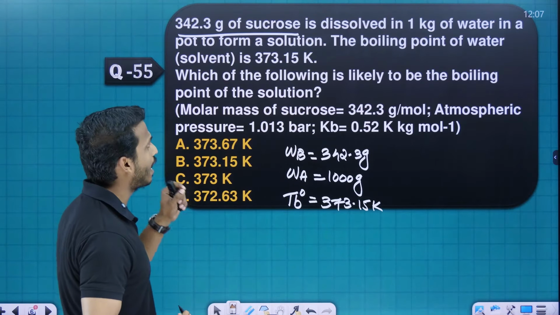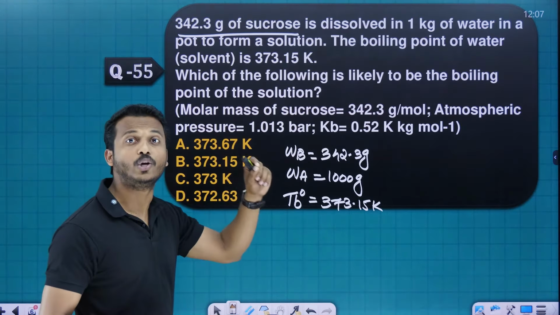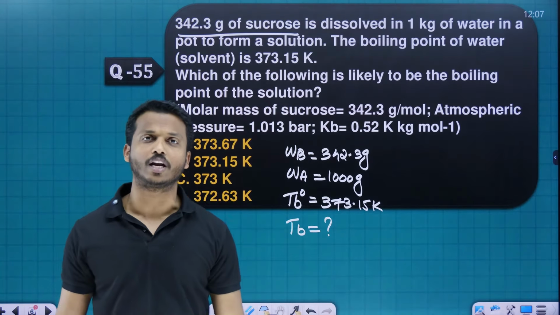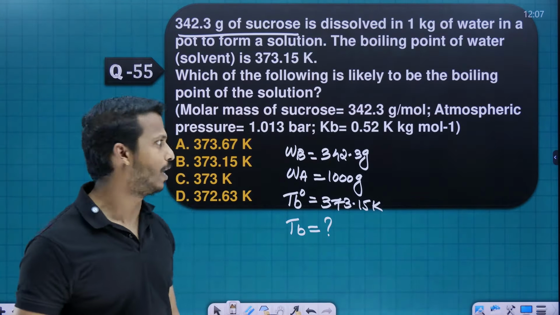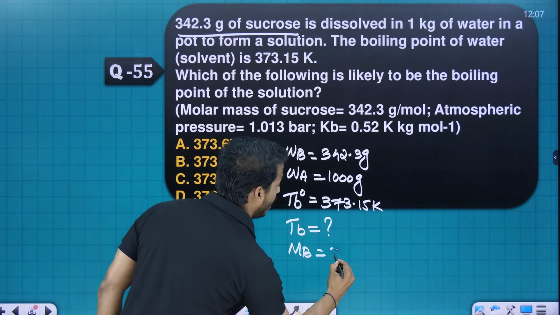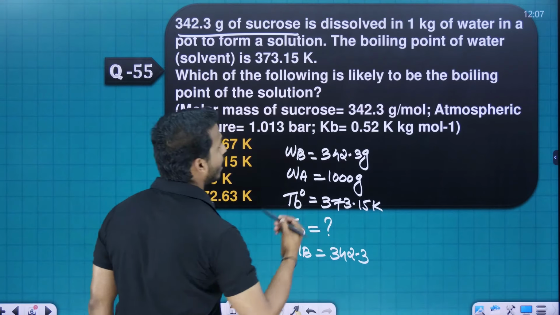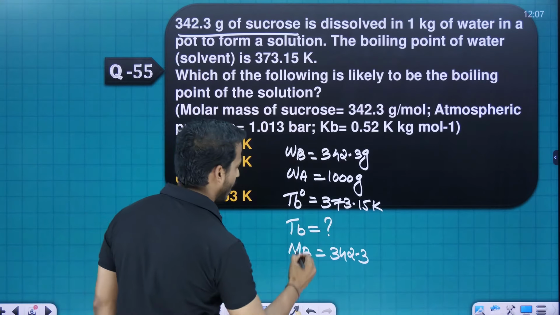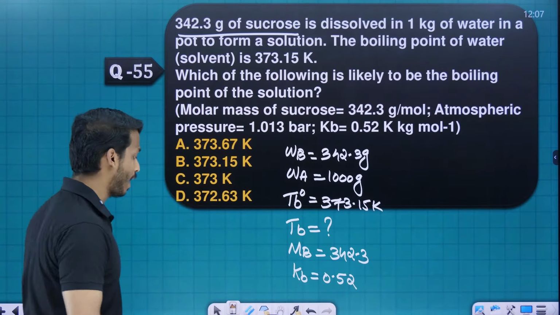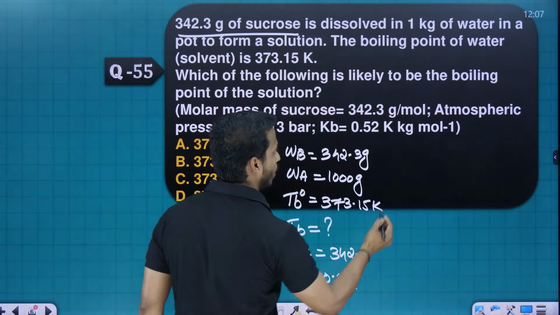Which of the following is likely to be the boiling point of the solution? So we need to calculate TB. This is related to which colligative property? Elevation of boiling point. The molar mass of sucrose, MB, is given as 342.3 gram per mole. KB, the ebullioscopic constant, is 0.52. So let us apply our equation.